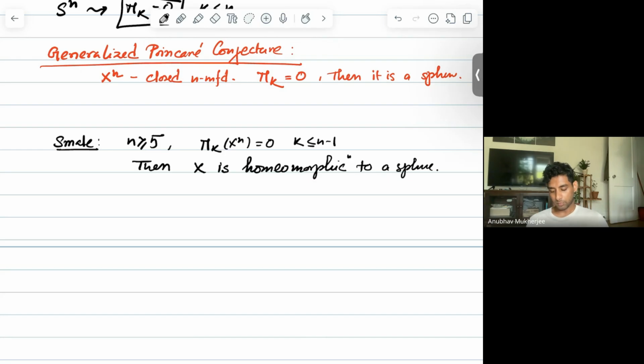By homeomorphic, I mean in the continuous category. In my mind, this was one of the biggest breakthroughs at that time, and of course he won the Fields Medal for this theorem.